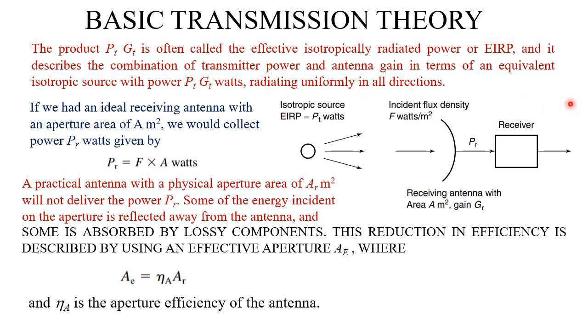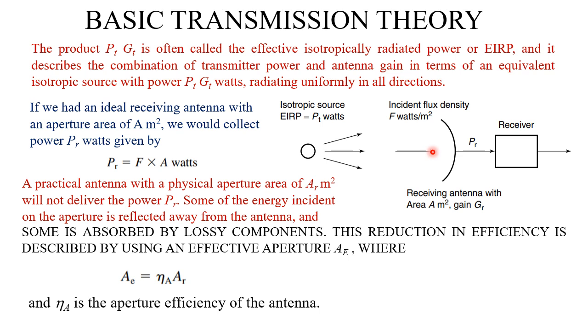Now, if we had an ideal receiver antenna with an aperture area of A meter square, suppose this is the receiver antenna and its area is A meter square and gain is say GR.